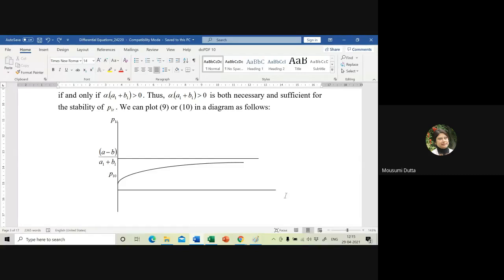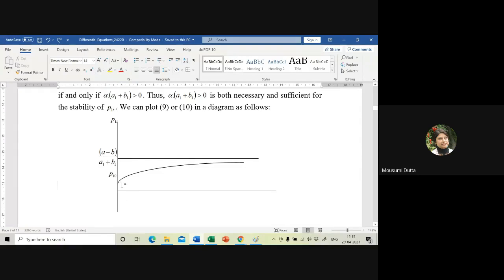I have marked an equilibrium price, which should be positive. So you can put the notation A bar minus B bar divided by A1 plus B1. That is the equilibrium value.